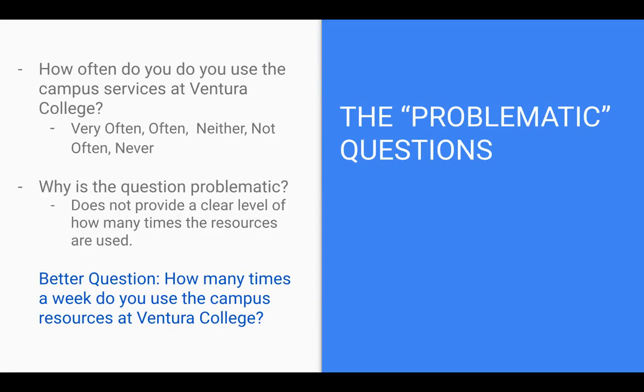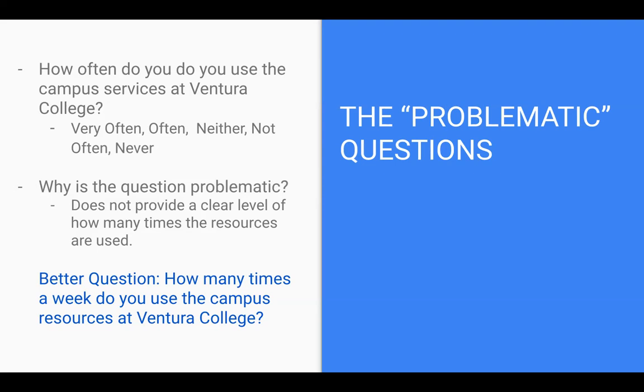You may be thinking, well, this seems like a pretty straightforward question, which it is, but at the same time, it doesn't provide a clear level of how many times they actually are using the resources, where I may think that my often is once a week and someone else may think that their often is 3 times a week.